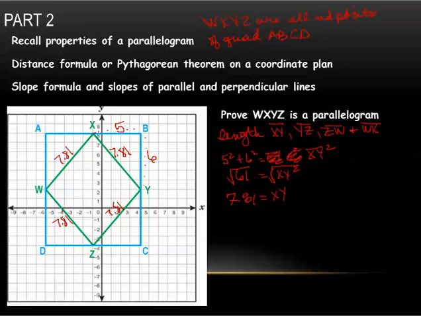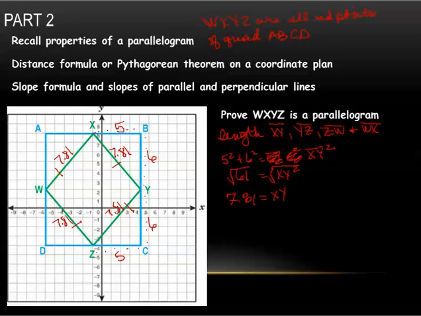Because if you go through and count 1, 2, 3, 4, 5, 6, and then count down here, 1, 2, 3, 4, 5, they're all going to work out that way. Okay. So I know opposite sides are congruent. That's telling me so far, yeah, I'm dealing with a parallelogram.